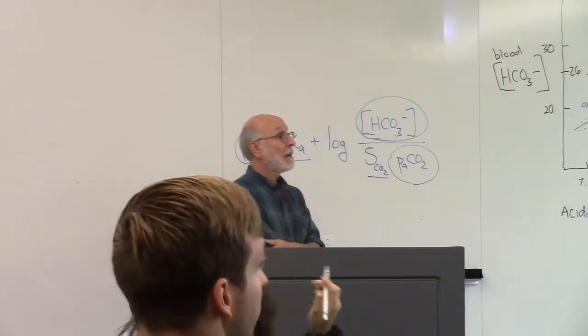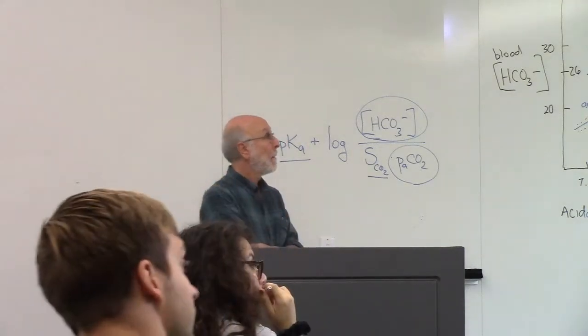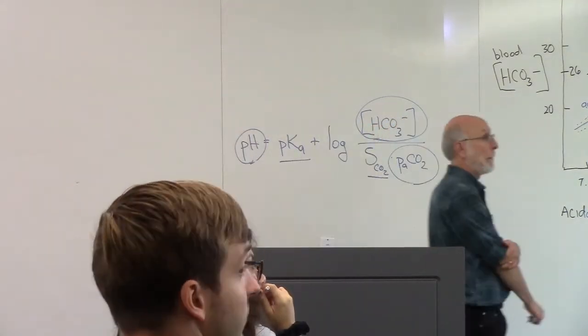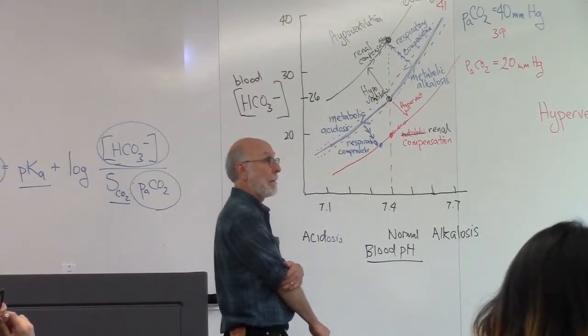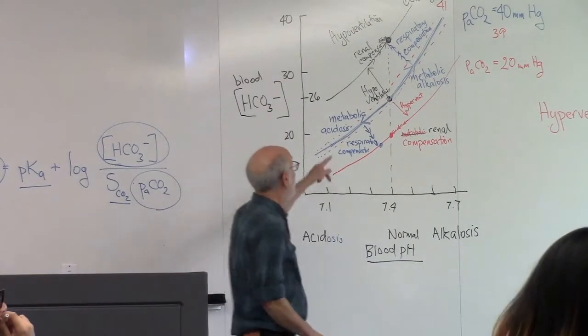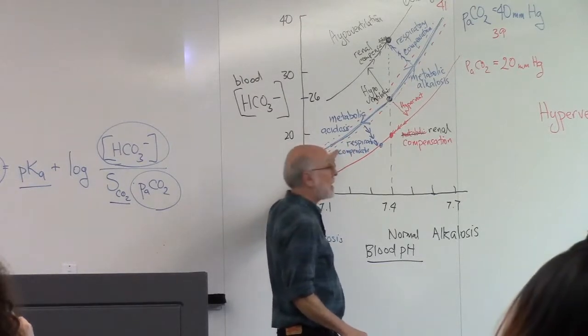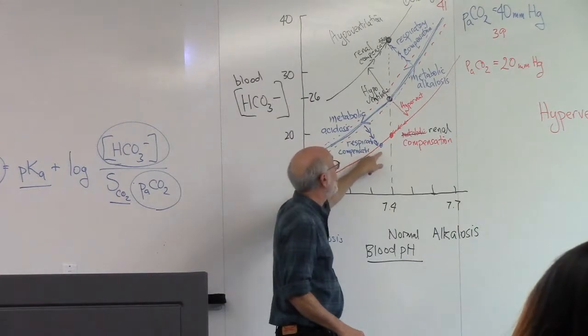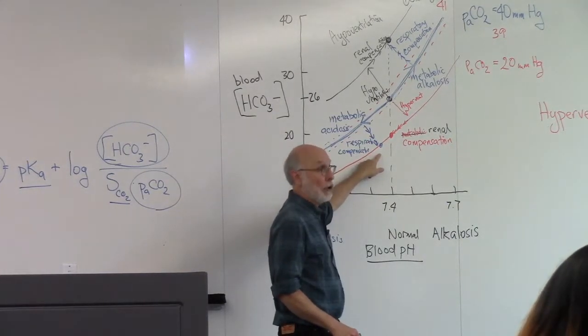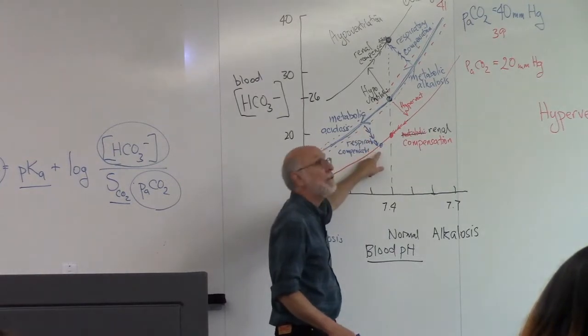Jasmine: So for a respiratory response to a metabolic abnormality, the PaCO2 doesn't change at all. Oh, it does. The respiratory compensation to a metabolic alkalosis is to go to a PCO2 curve that is lower. So we're moving to a different CO2 curve.